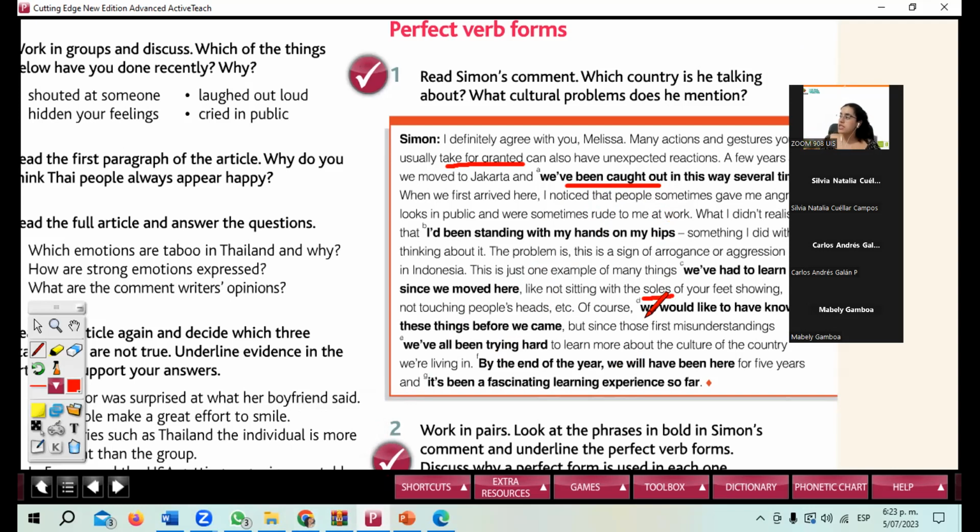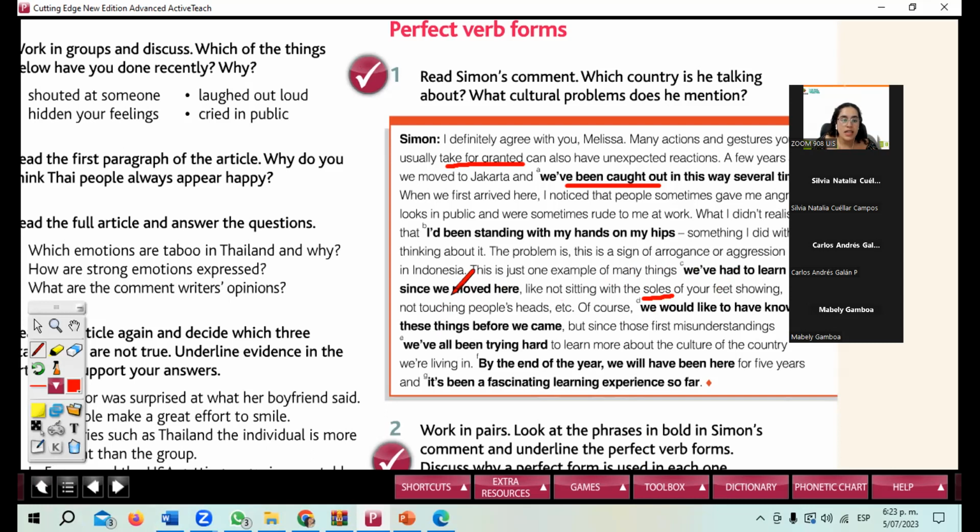For example, if you sit in a chair and you have a small table in front of you, and you put your feet like this, so people can see the bottom of your shoe, like the sole of your shoe. This is very disrespectful in this culture, okay?